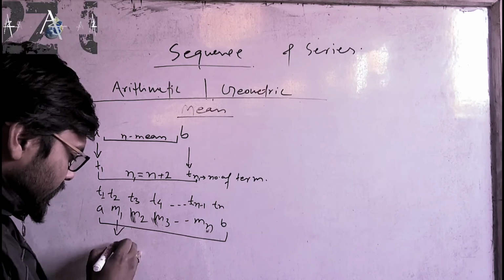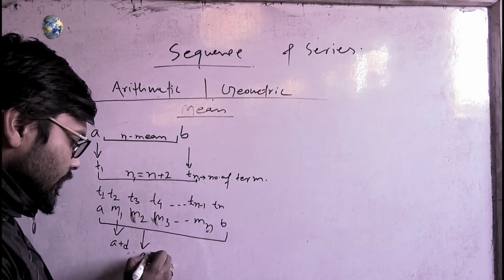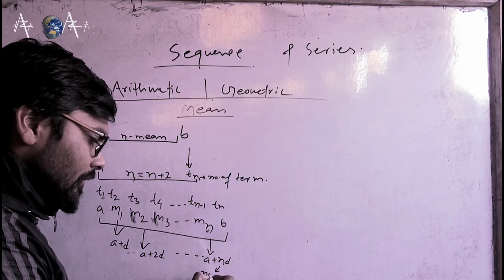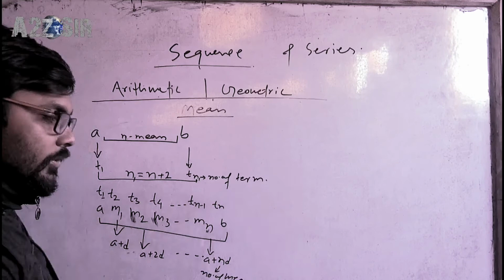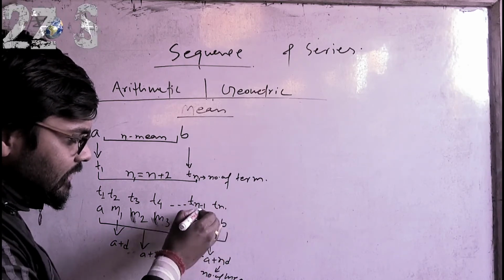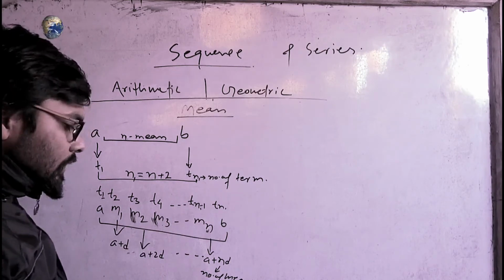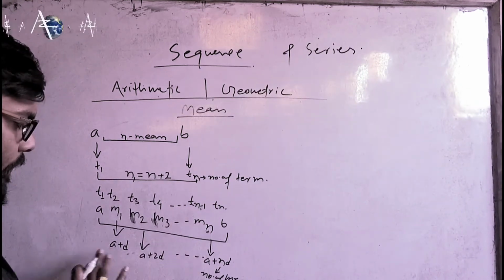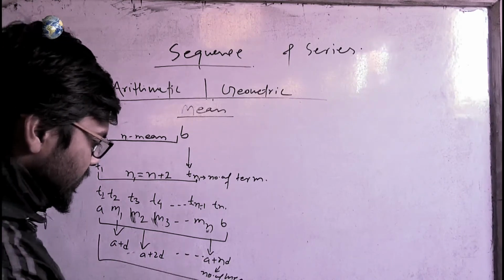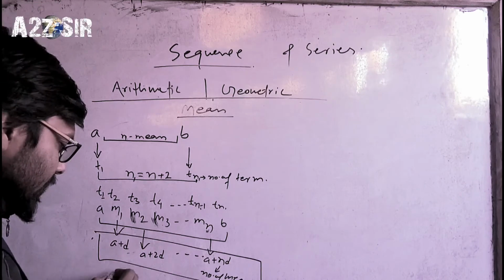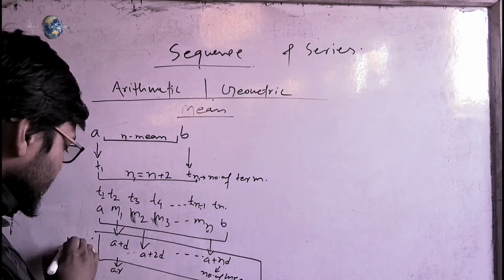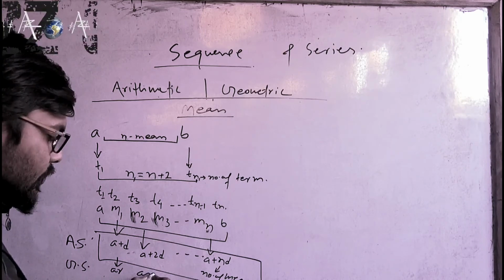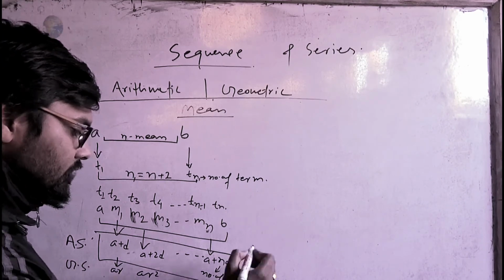So in this way we can use A plus D, A plus 2D, up to A plus nD, where n is the number of means, because we use n1 a little bit separately from the number of means between A and B. So this one works for the arithmetic sequence, and if we go for the geometric, it becomes AR, AR square, up to AR to the power n.